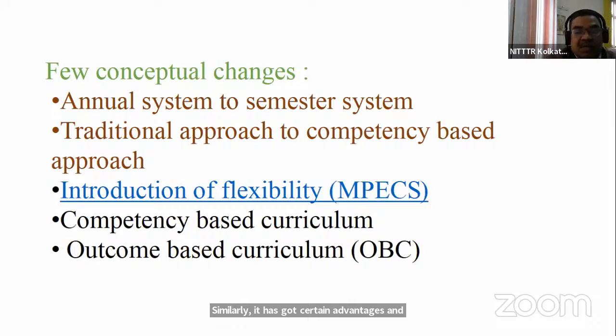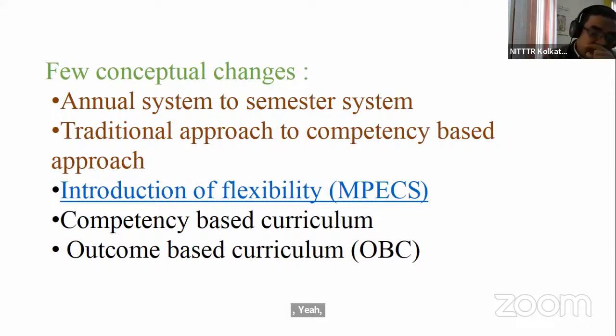After that, from the annual system to the semester system, we have converted from the traditional approach to the competency-based approach of curriculum. The competency-based approach says that you need to identify the different competencies the student will have after passing out from a major field of study.